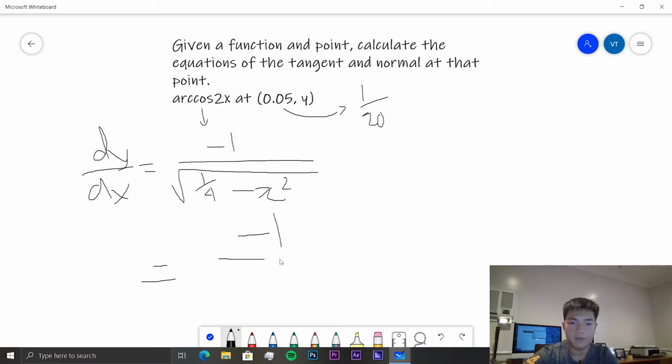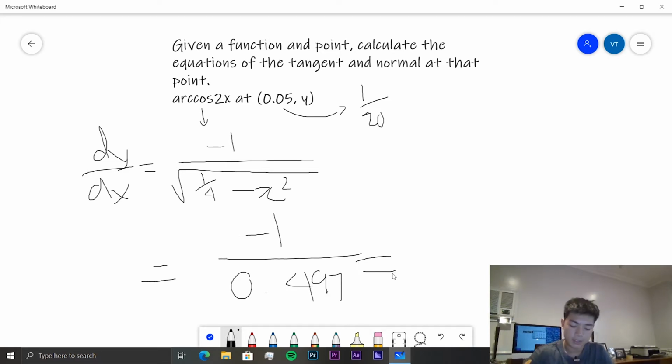So we have -1 over effectively the square root of 1/4 minus 0.05 squared. So we can put 0.25 minus 0.05 squared, which is 0.2475. The square root of that is around 0.497.